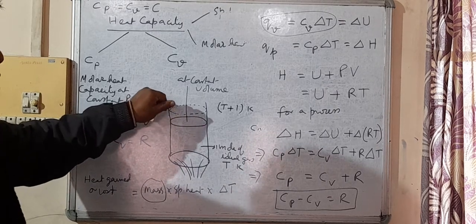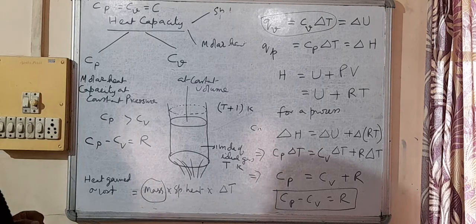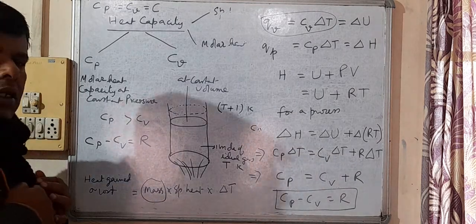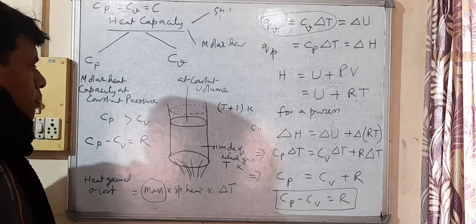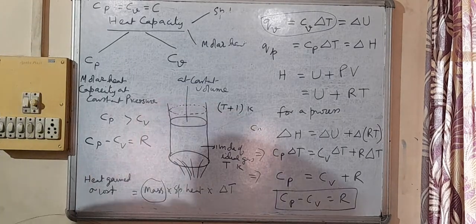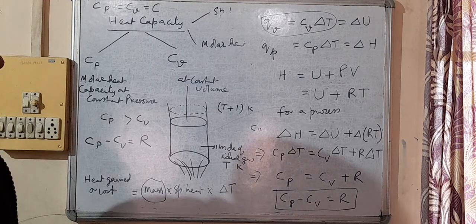This volume change occurs only in case of gas. So that's why there are two heat capacities in case of gas, one is Cp, another is Cv. I hope it is clear.